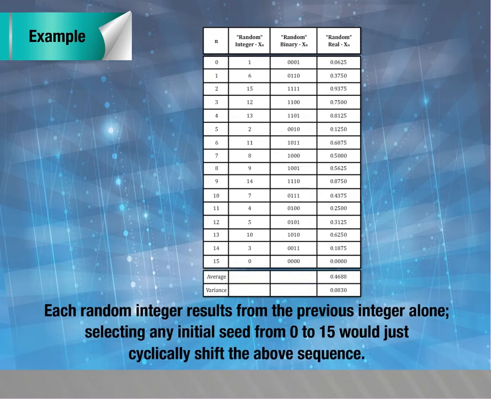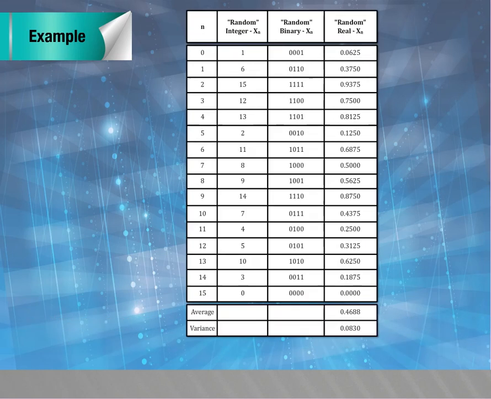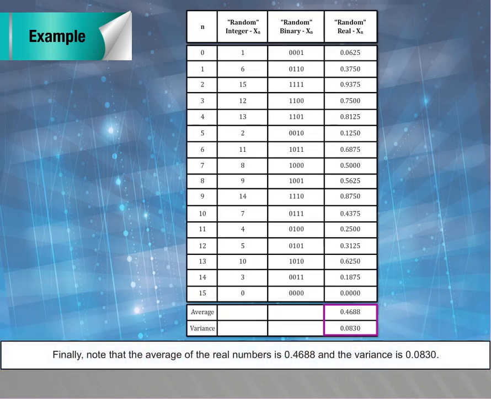Each random integer results from the previous integer alone. Selecting any initial seed from 0 to 15 would just cyclically shift the above sequence. Thus, all that a different choice of the initial seed does is shift the starting point in the sequence already determined by A, C, and M. Finally, note that the average of the real numbers is 0.4688 and the variance is 0.0830.